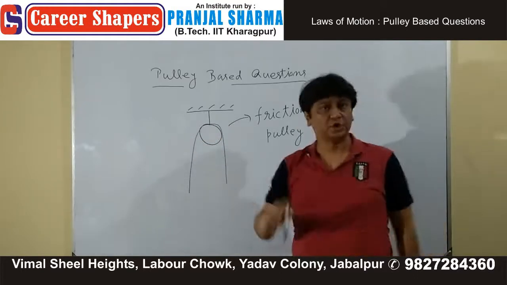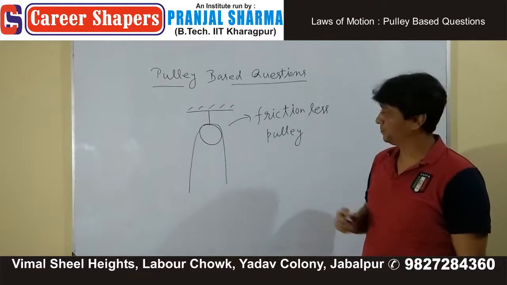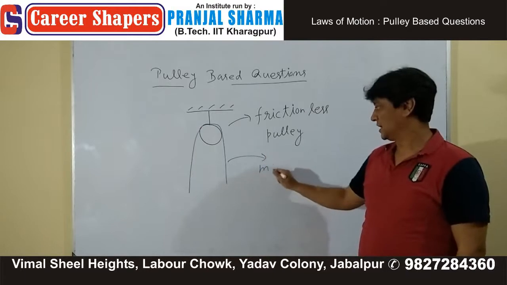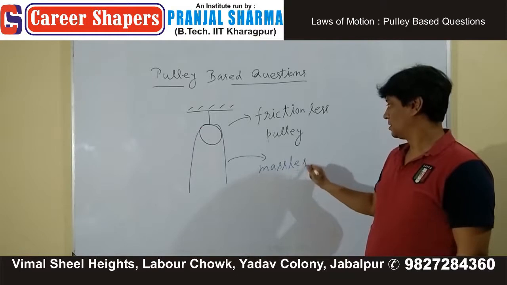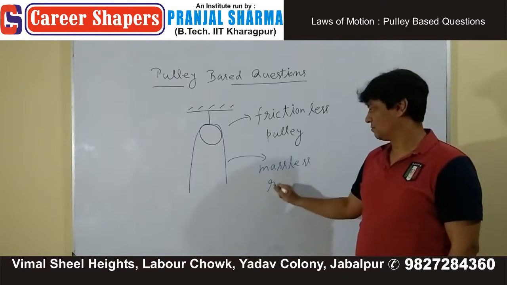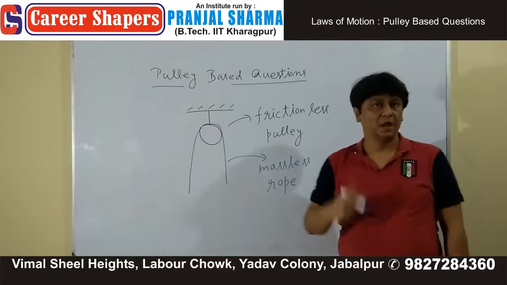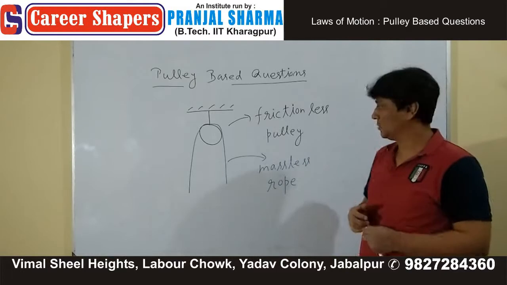There is no friction between rope and the pulley. It's a massless rope. Unless given, rope will be always massless. If rope is massless, you know that everywhere tension force will be same.